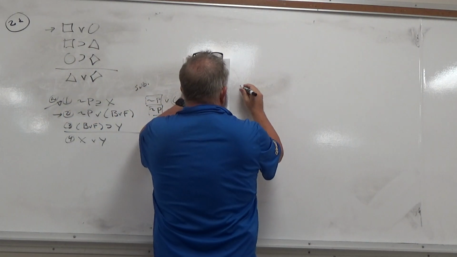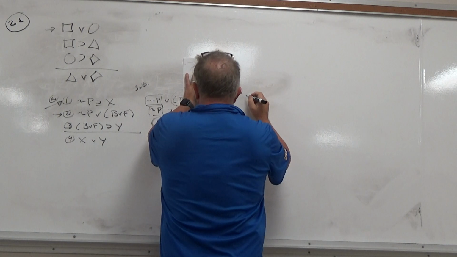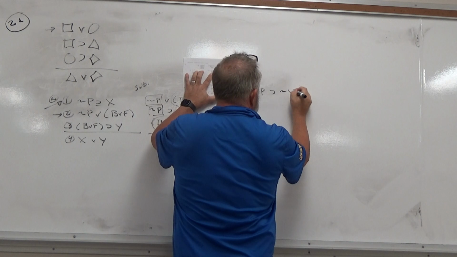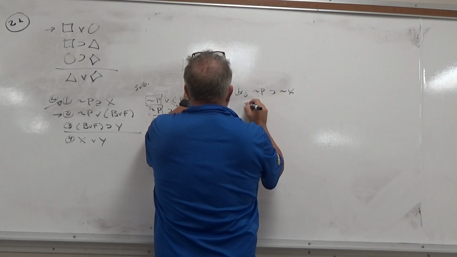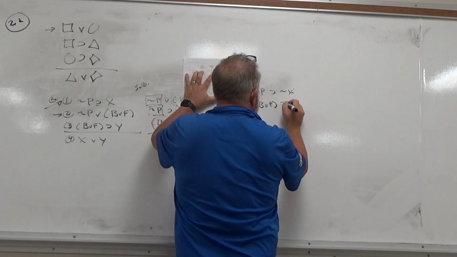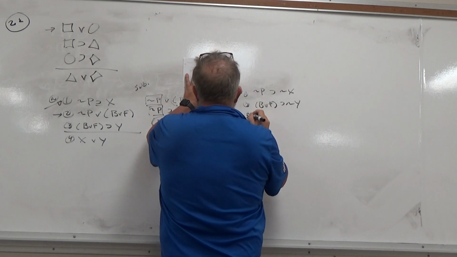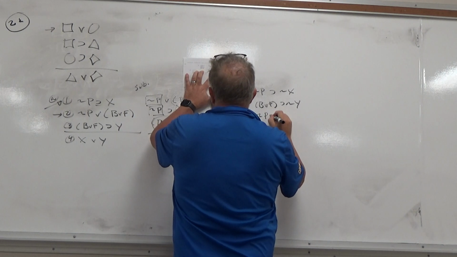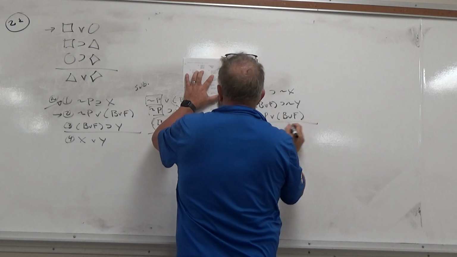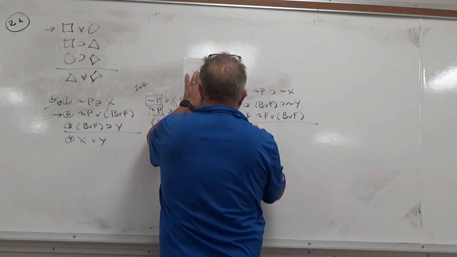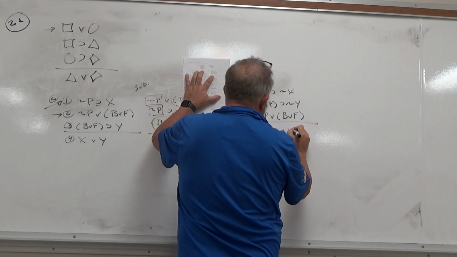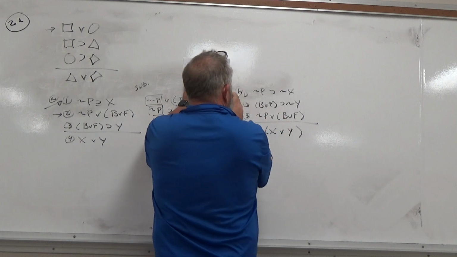Okay, so let's look at B from the same problem. Got not P, then not X. 2 is B or F, then not Y. And 3 is not P or B or F. And then we've got the conclusion, not X or Y. Okay.